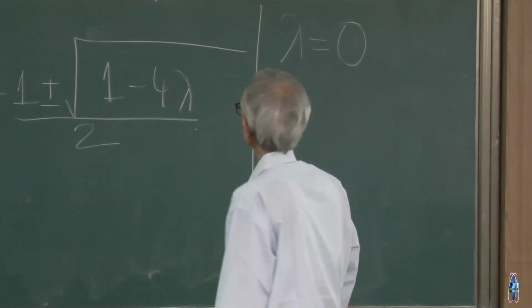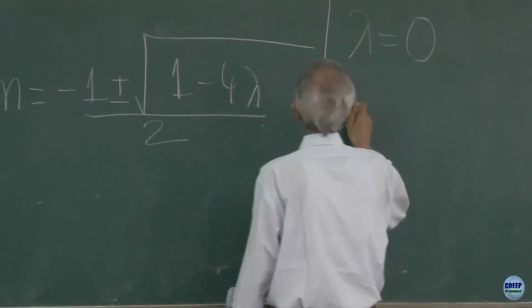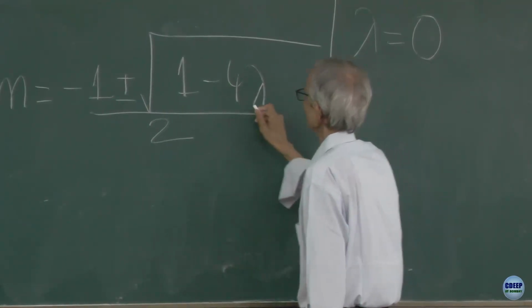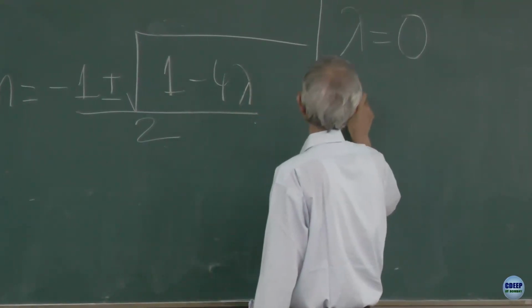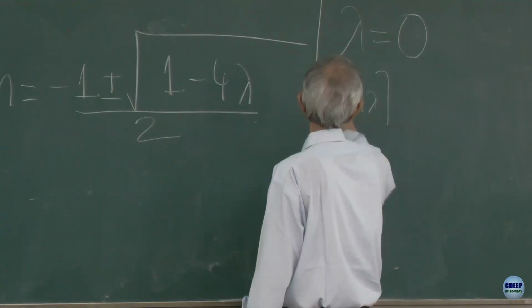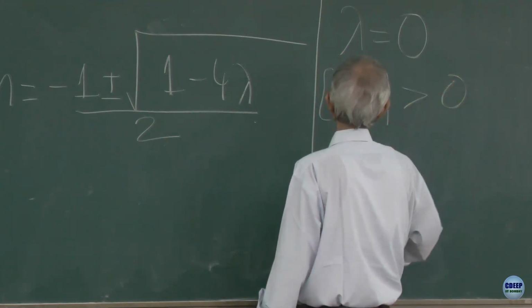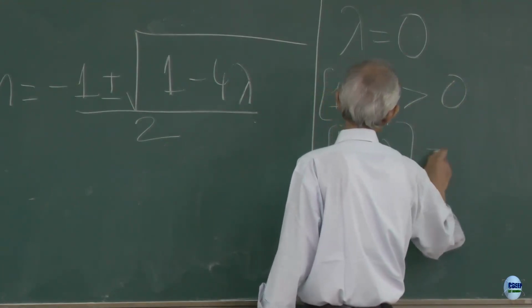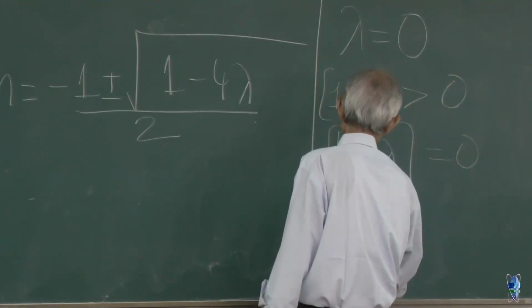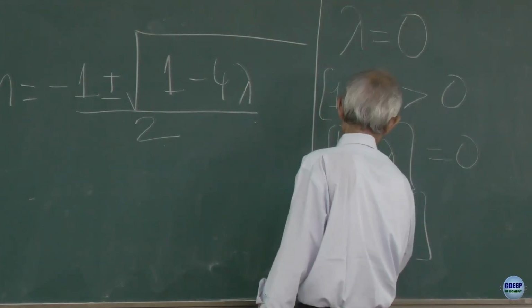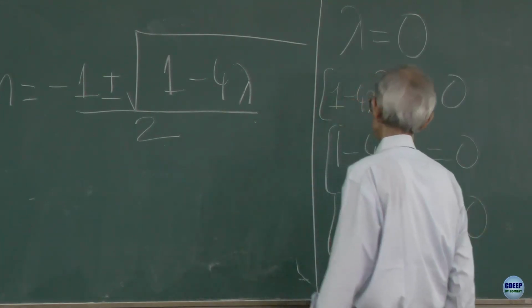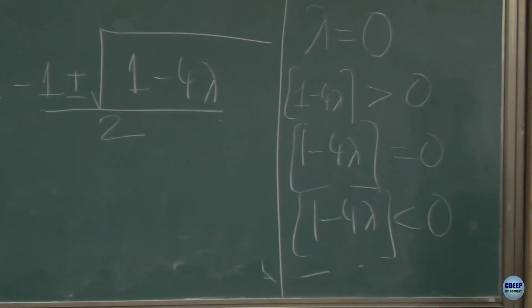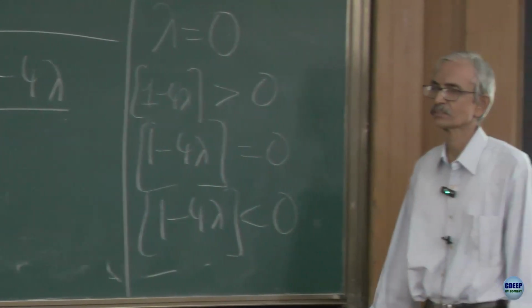Then 1 minus 4 lambda greater than 0 is a possibility, 1 minus 4 lambda equal to 0 is a possibility, 1 minus 4 lambda less than 0 is a possibility. So which one is going to be my oscillatory solution?